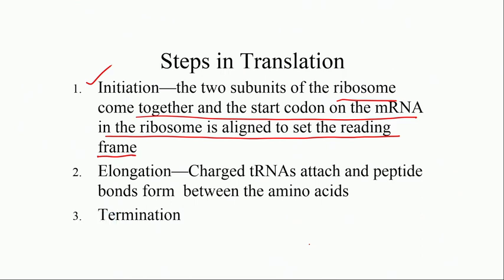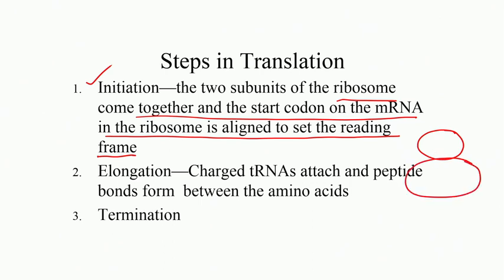Then you have the small subunit and the big subunit, and your messenger RNA is bound to the ribosome. Then it has to start now. So, there must be a start.